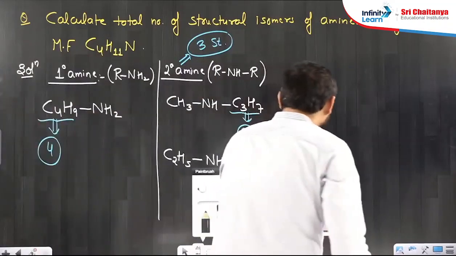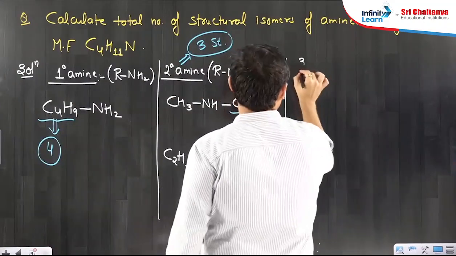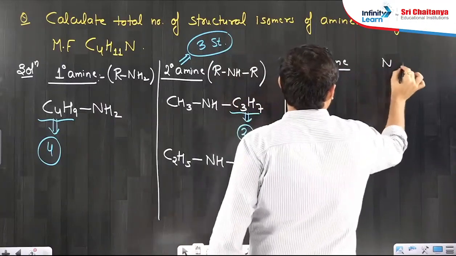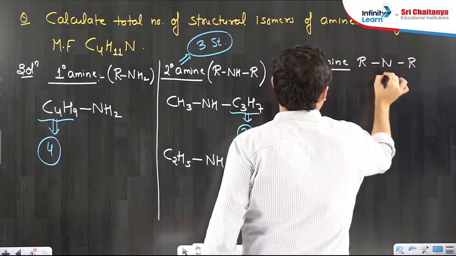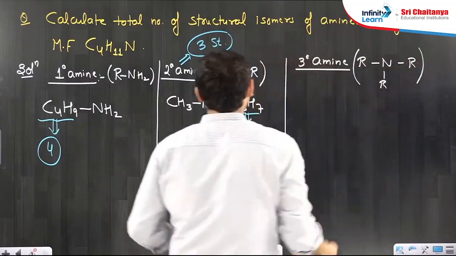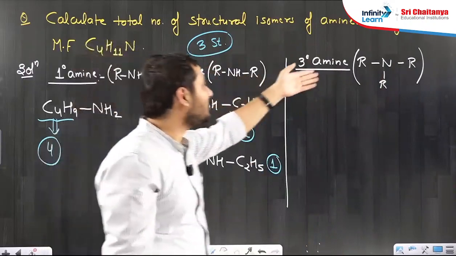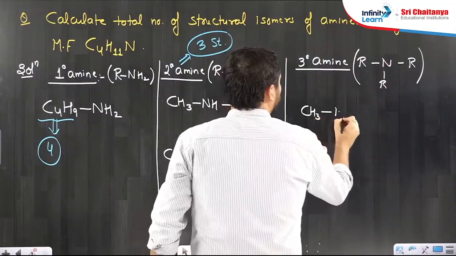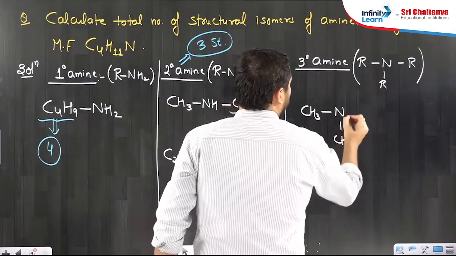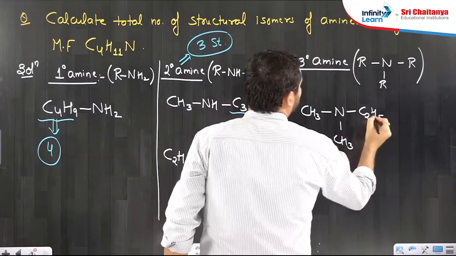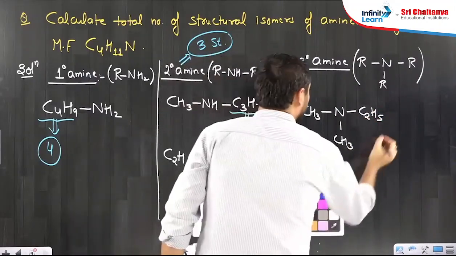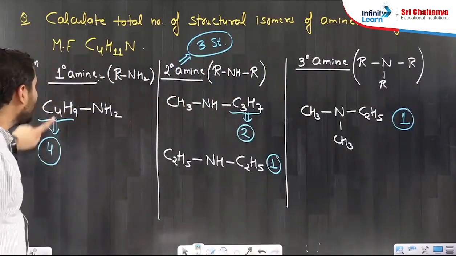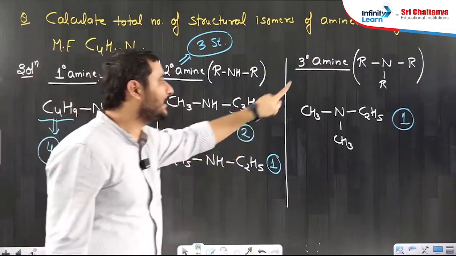Now let us move to the tertiary amine. Nitrogen is attached to all alkyl groups. Now total 4 carbon atoms are present and we have to distribute them in 3 alkyl groups. So what is the possible case? CH3, nitrogen, CH3, and how many carbons are left? Only 2, C2H5. So only one structure is possible here. So primary are 4, secondary are 3, tertiary is 1.